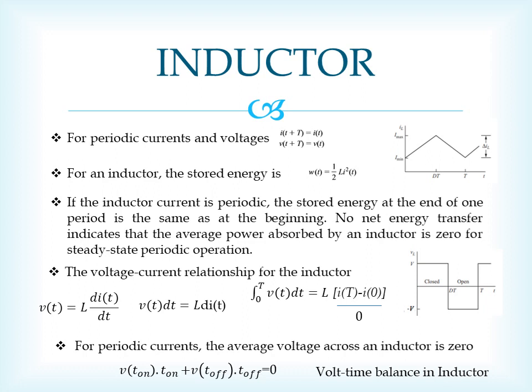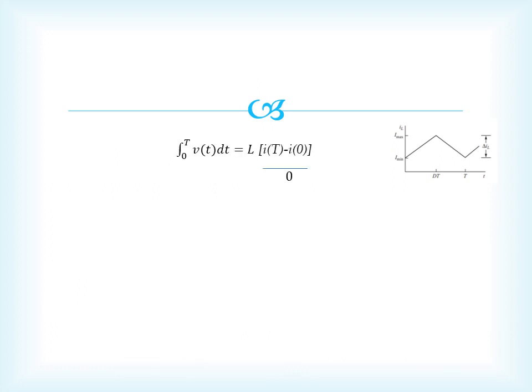So whenever we discuss inductor circuit, there's a concept of volt time balance in inductors, and this is how it has been interpreted. This is what we have concluded, that the difference of the current at instant t and at instant 0 is ultimately 0 because it has the same value.